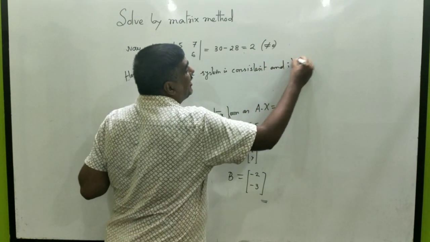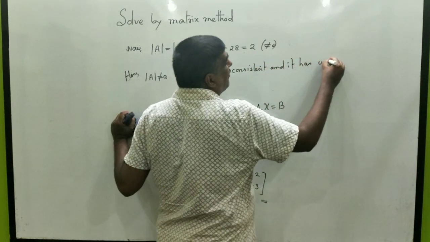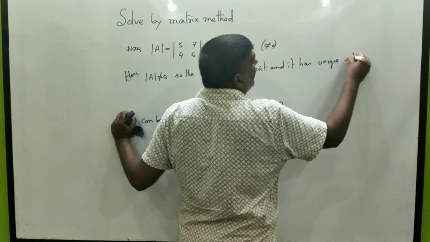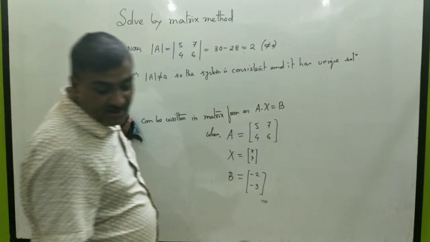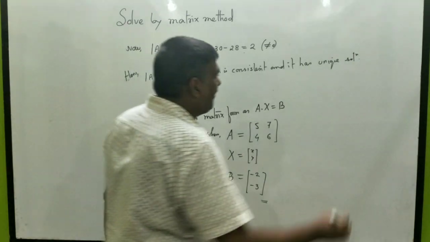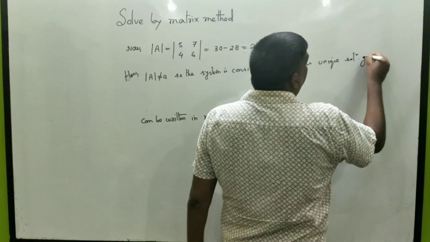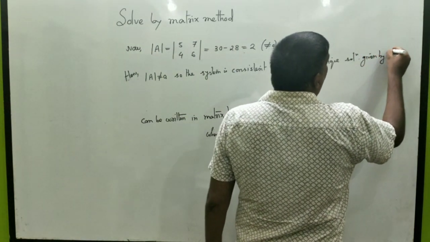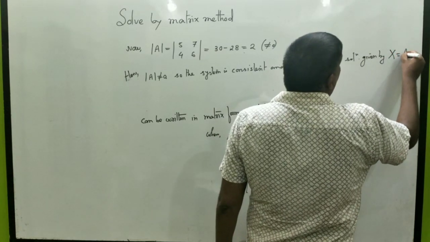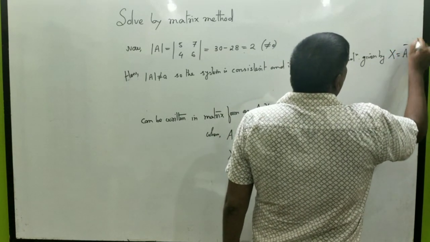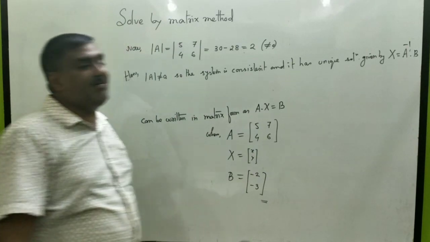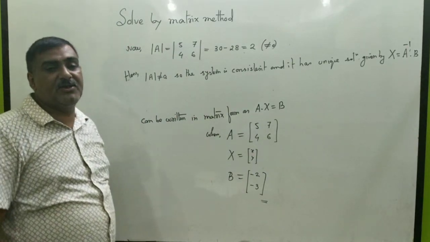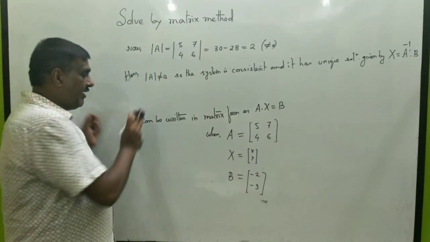Clear? and it has unique solution given by, x equals to a inverse into b. It is a unique solution given by x equals to what, a inverse into b. Clear? Okay.